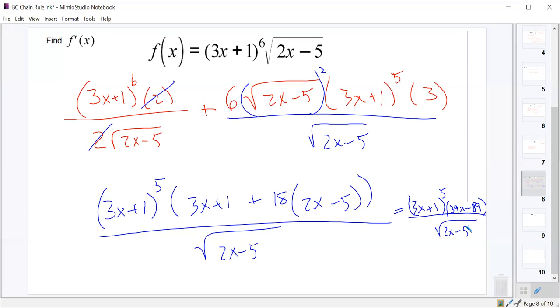So it'd be good to be able to simplify that down. Everybody okay with that? Any questions, any issues with the simplification or the derivative itself?